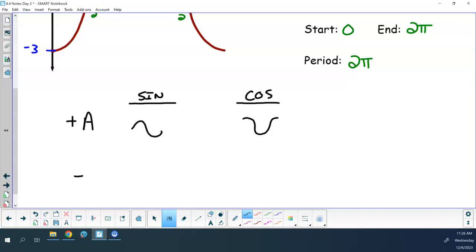If you have a negative a value, your sine curve spins around, and your cosine curve also flips over. So positive A's, it's normal, middle, up, middle, down, middle, up, middle, down, middle, up. And if you have a negative A, that reverses.